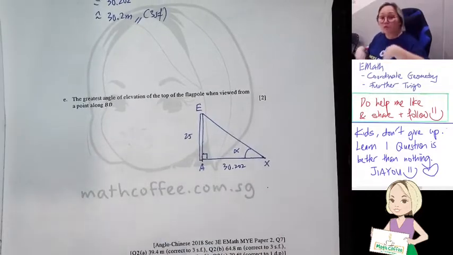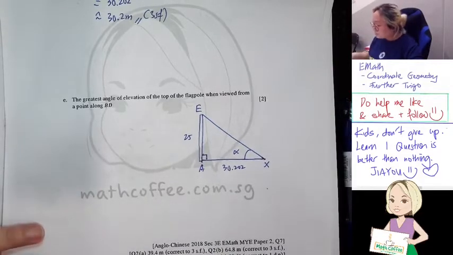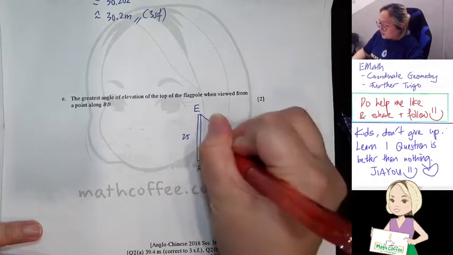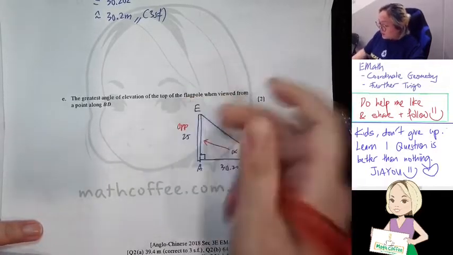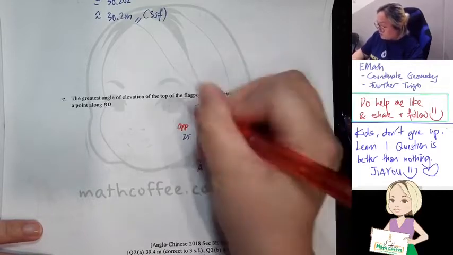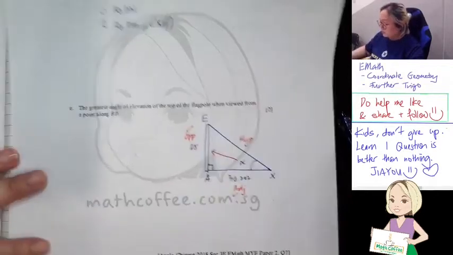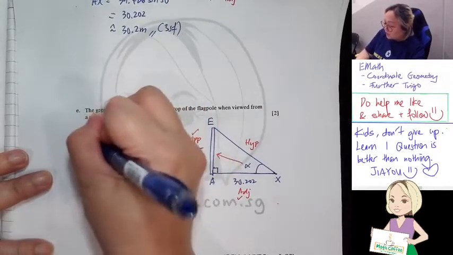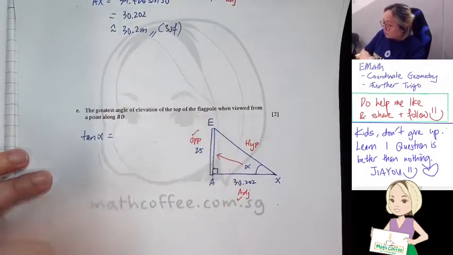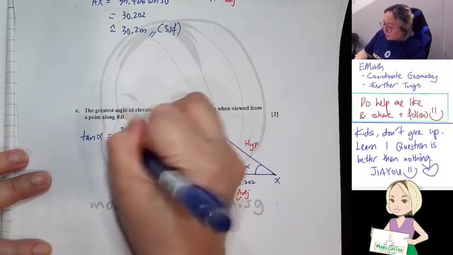So again, the greatest angle of elevation is just using tangent, not tangent rule. So this is my opposite, and this is my adjacent. I have my opposite, I have my adjacent, so I will use tangent. So tangent alpha is equal to 25 over 30.202.